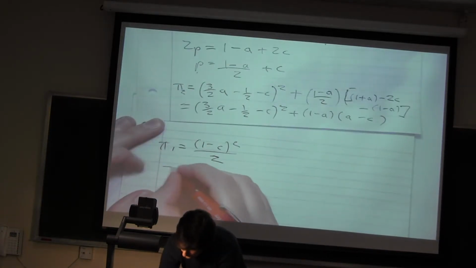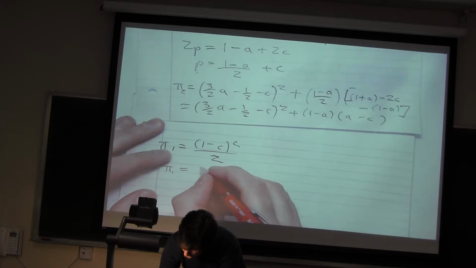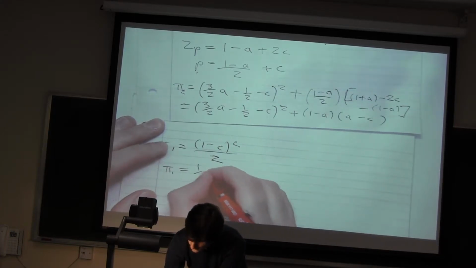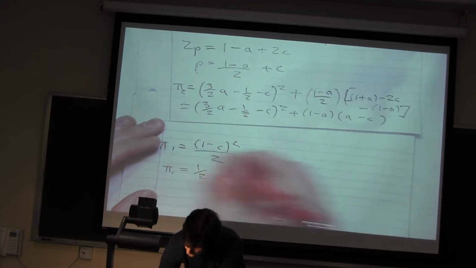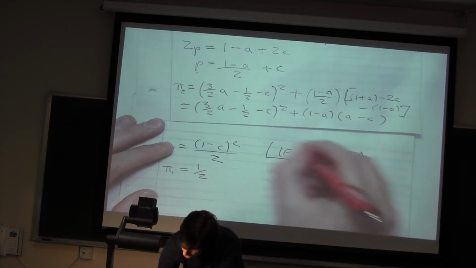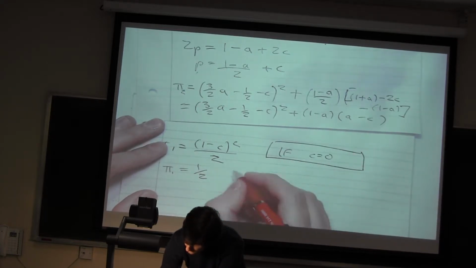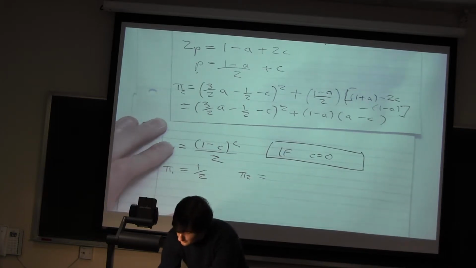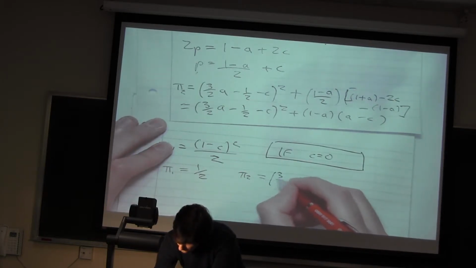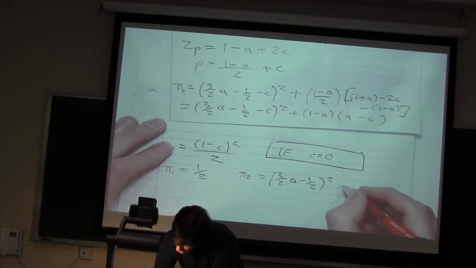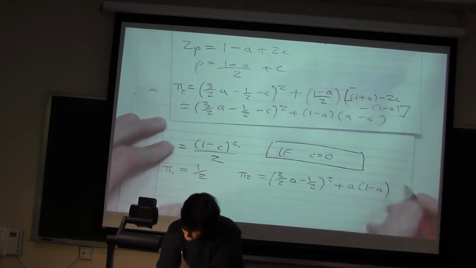So in that case, if c is 0, pi 1 is going to be a half, and pi 2 is going to be 3 over 2a minus a half, squared, plus a times 1 minus a.